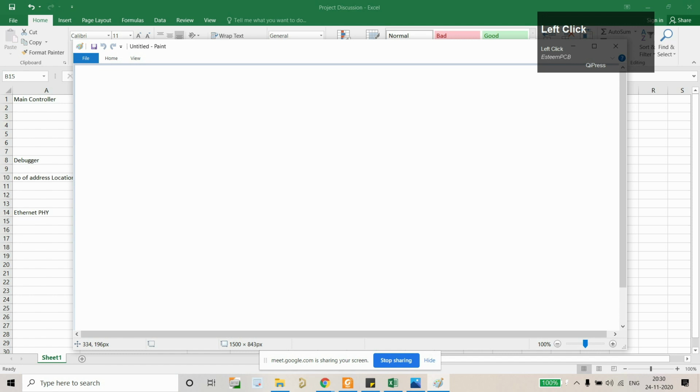Now we just saw how our data link layer is communicating to the physical layer. But what is the role of Ethernet PHY?